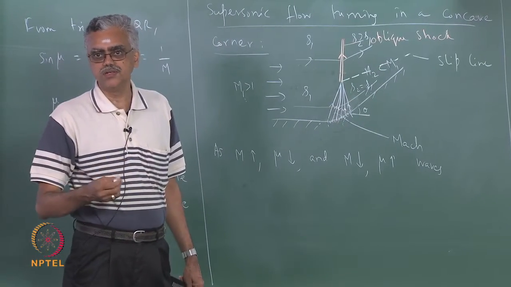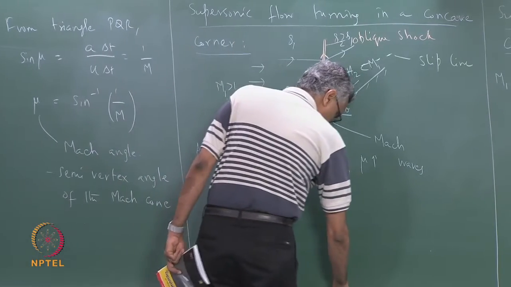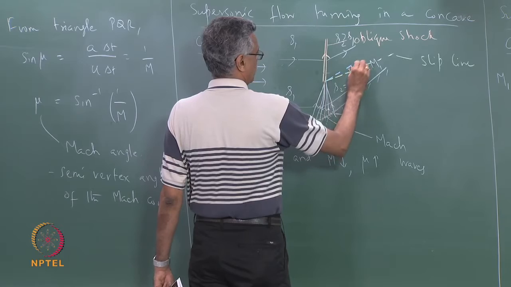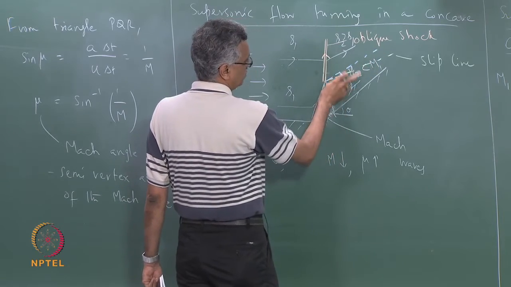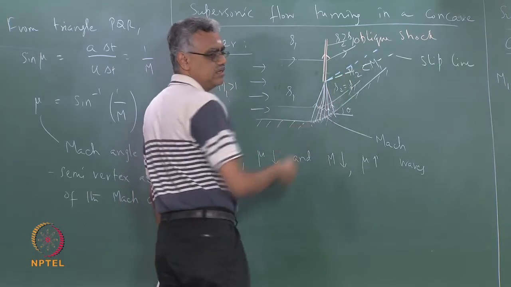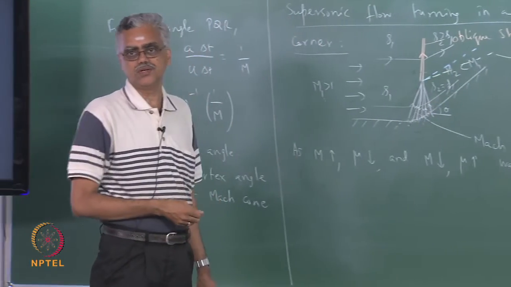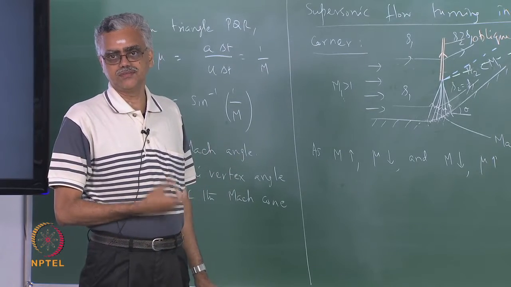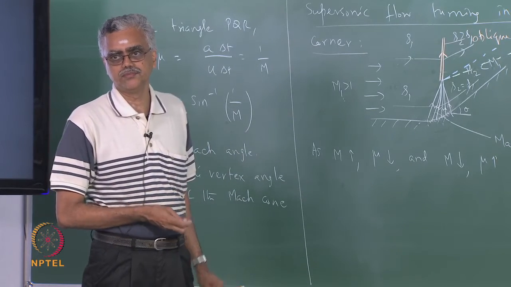There can be more discontinuities. You can also get, in certain situations, slip lines like this. So, there is a discontinuity across each one of these and then it comes out like this. So, the exact orientation of the slip line depends upon many other quantities. That is not something that we can predict from the theory that we are discussing here, from the framework that we are talking about.